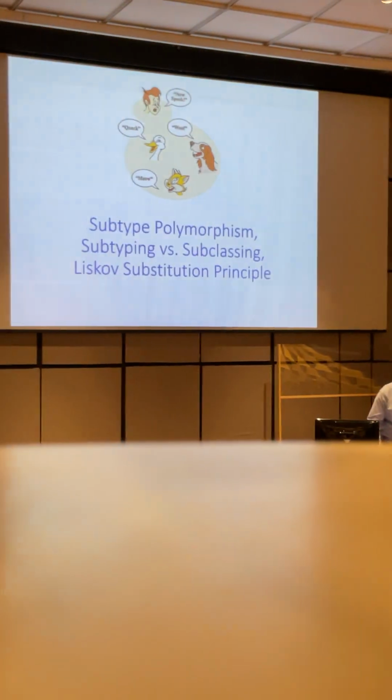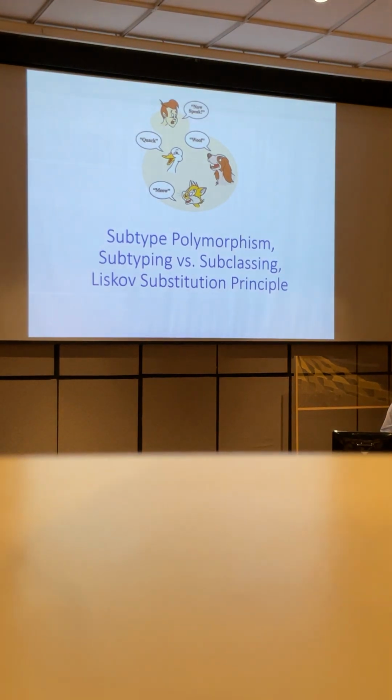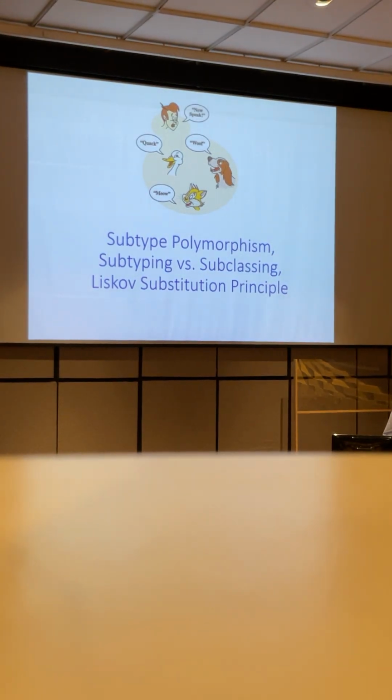Subtype polymorphism is the ability of an object, in a sense, to represent not just itself, but also an object of any subtype. That's why it's called subtype polymorphism. So we should be somewhat familiar with the concept.